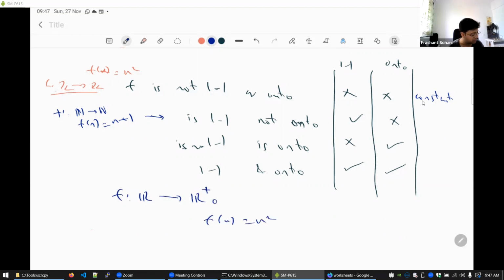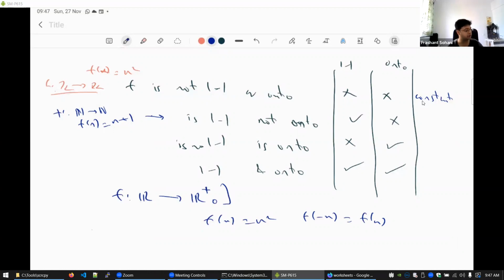I think we all can agree that this is not 1-1, because f of minus x and f of x will be equal. And it is onto because each element of the set of non-negative reals will have at least one square root. So therefore, this is not 1-1 and it is onto. Correct.